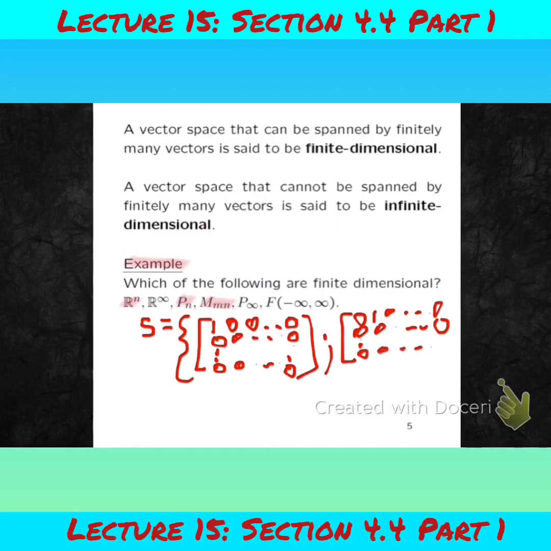And then you're going to have your last one, which is going to have the 1 in the last row, in the last column. Okay, so this is a basis.